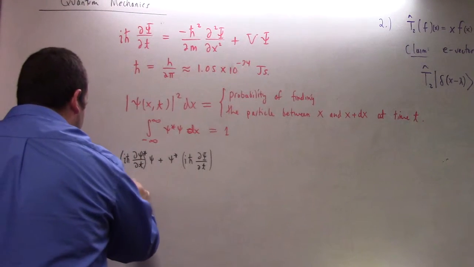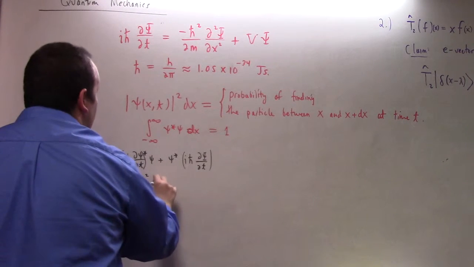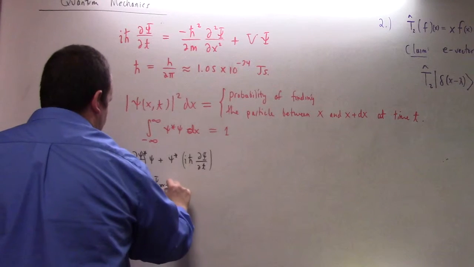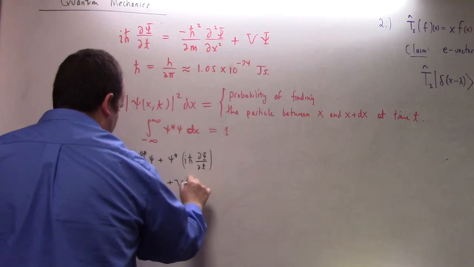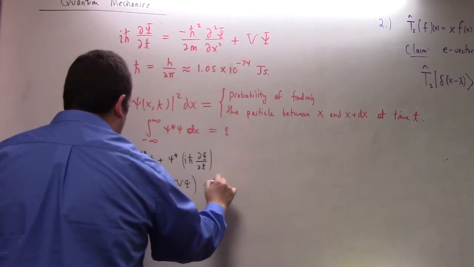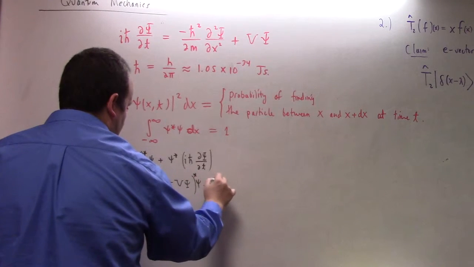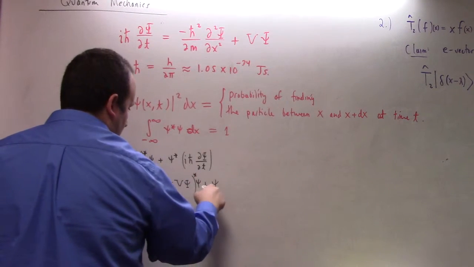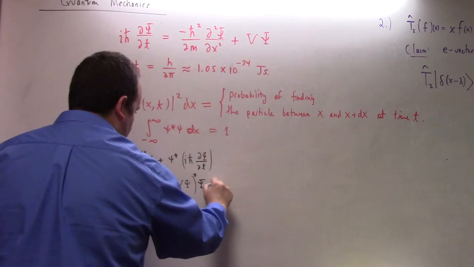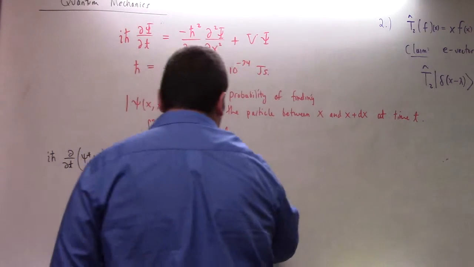So we got minus h bar squared over 2m, I'm going to write psi xx plus v psi, and that's all times psi star, and this is all conjugate of all that. Plus psi star, and again all this stuff, right?